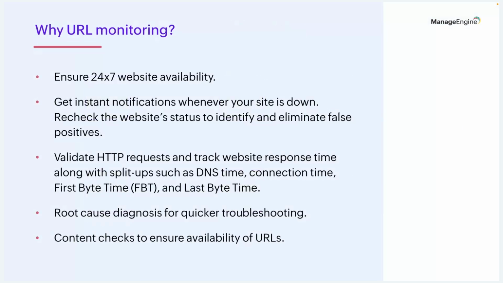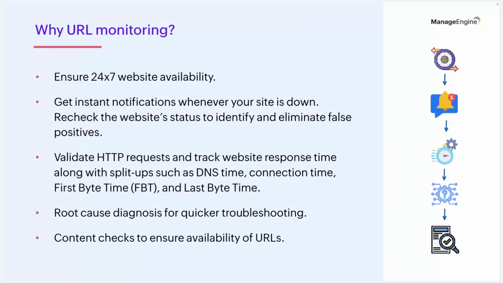Why URL monitoring? It helps you to ensure 24/7 availability. It acts as a continuous URL monitoring service that keeps a constant watch over your specific URL or web page. It helps you verify the availability of specified addressable standard HTTP and HTTPS URLs. It helps you get instant notifications whenever your site is down.